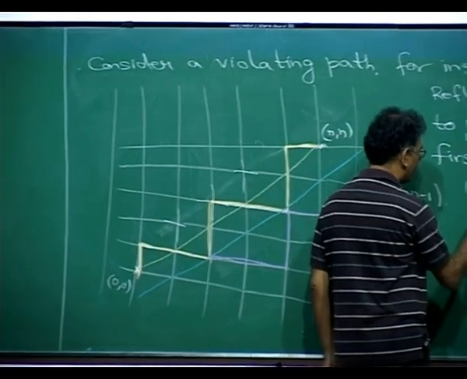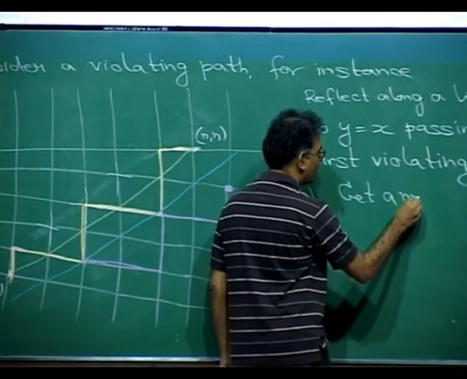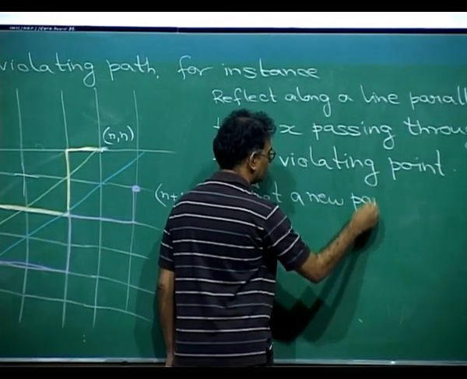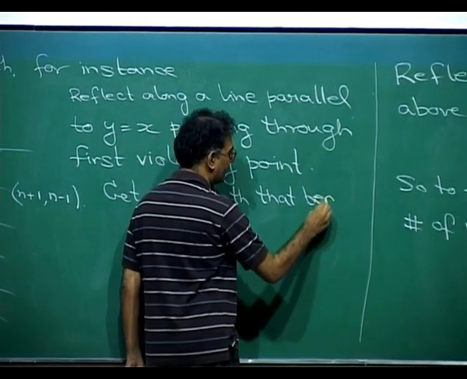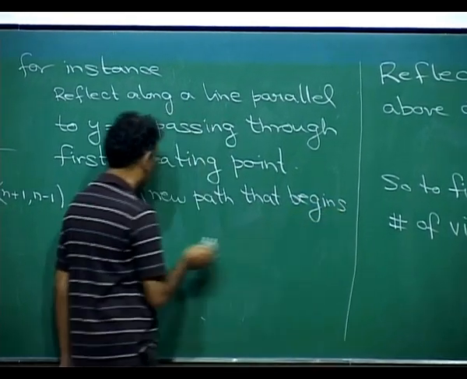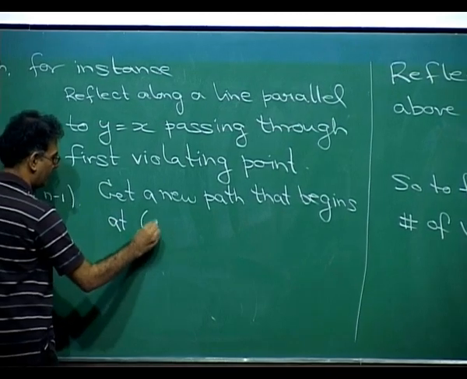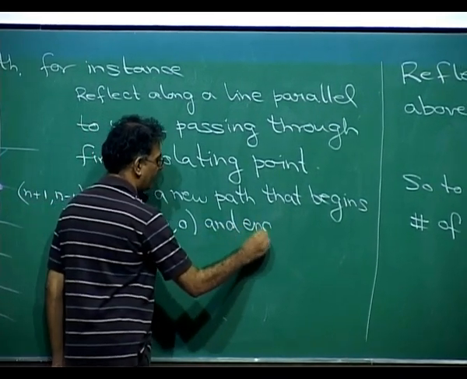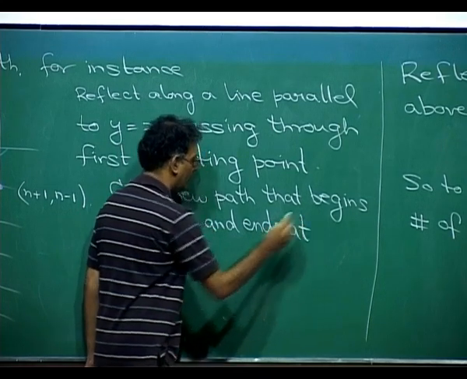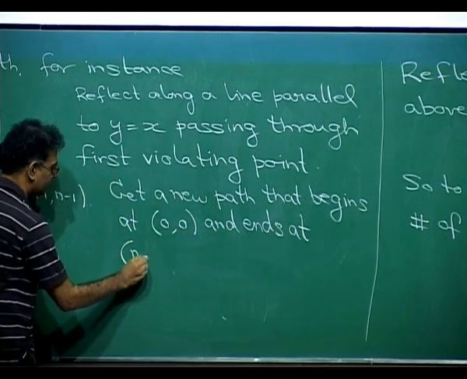So we get a new path that begins at 0, 0 and ends at n plus 1, n minus 1.